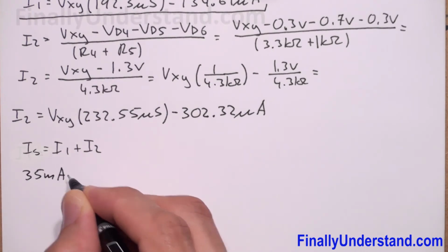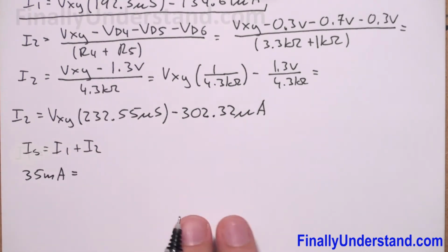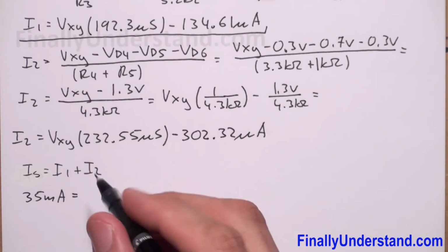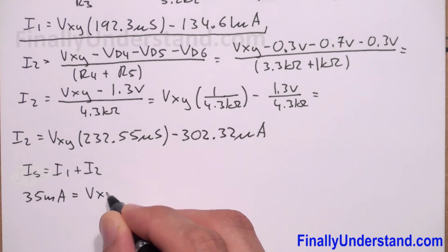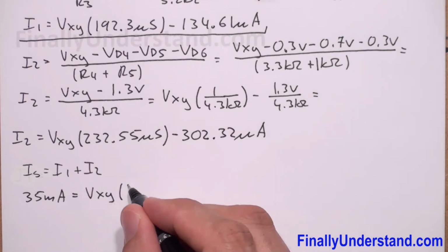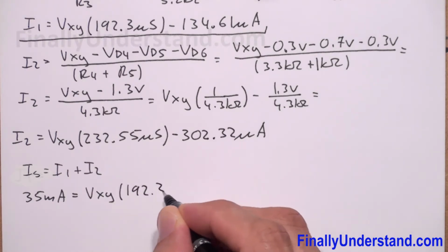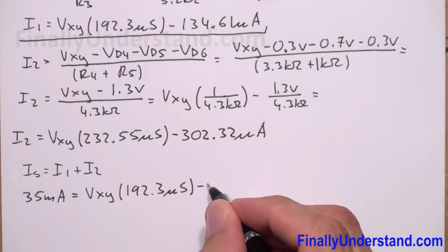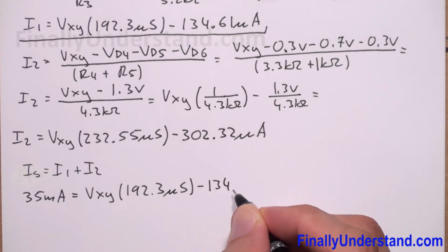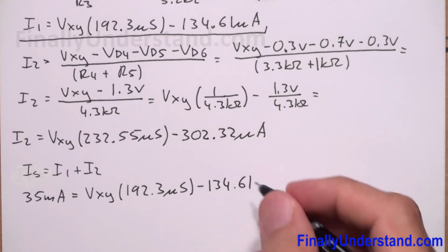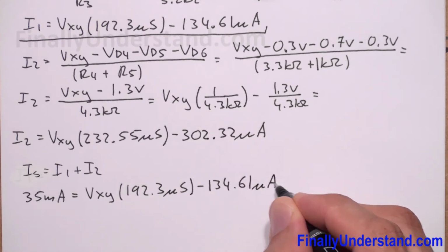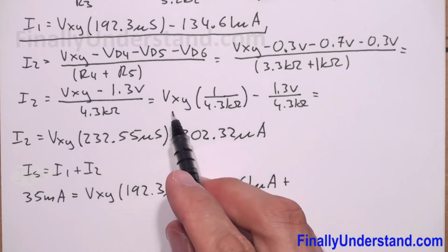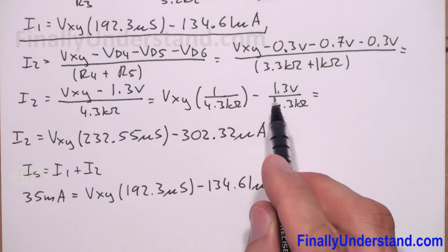35 milliamps is equal I1, and this is my I1. So I have VXY times 192.3 microsiemens minus 134.61 microamps plus I2, and this is my I2.